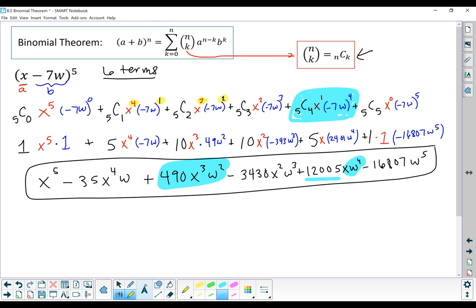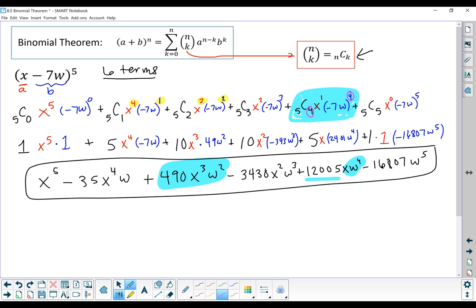So notice that our little combination at the front, 5c4, that power of the second part of your binomial is matching here. So whatever power I see here, it matches that.